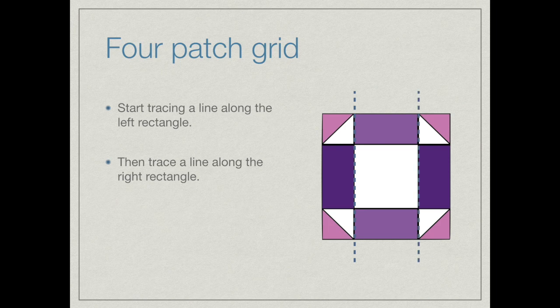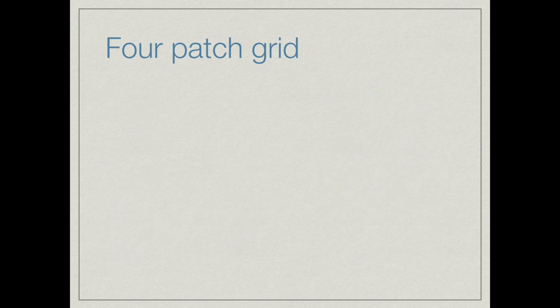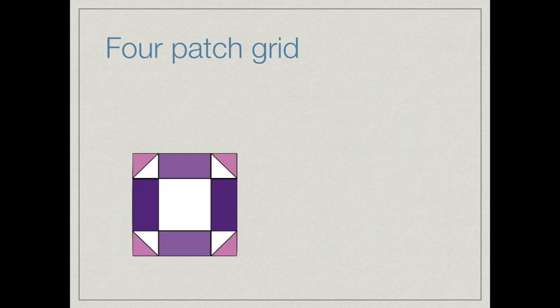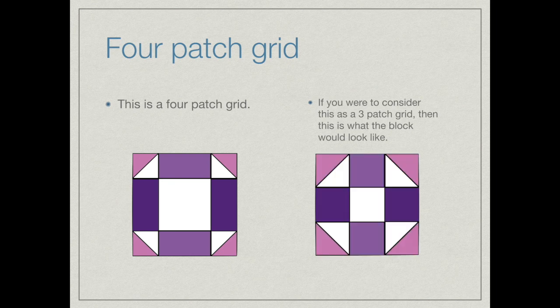But what we need to notice is that when we're dividing a pattern, we always make the columns the same size. So here, the middle part needs to be divided into 2. So we're going to count how many columns we have, and we have 4. So this is a 4-patch grid. So let's compare it. This is a 4-patch grid, but what if we wanted it to be a 3-patch grid? Well, then in that case, it would look like this.